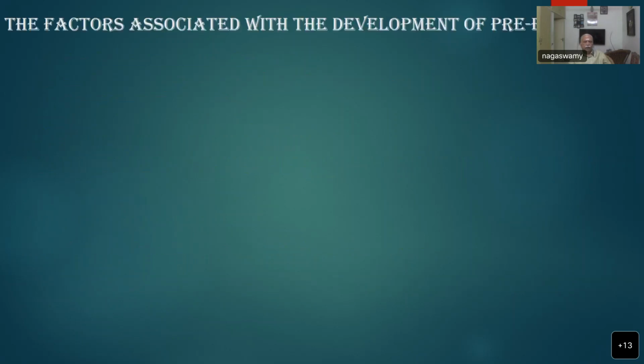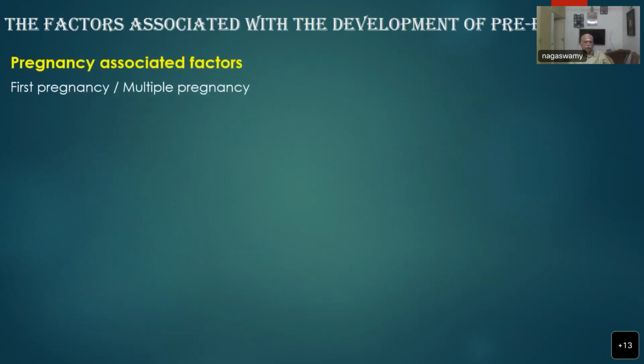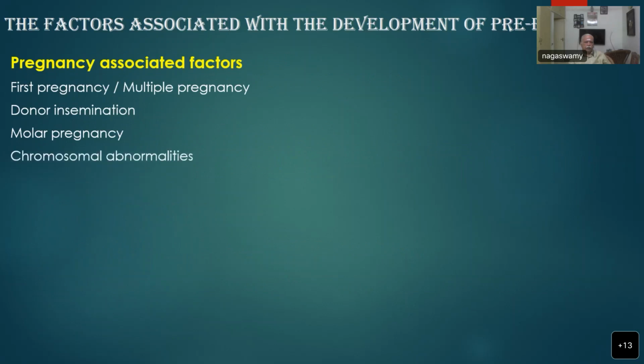The factors associated with the development of preeclampsia can be pregnancy associated factors. Usually it can occur in first pregnancy, sometimes in multiparous women also. And donor insemination, when you do an artificial fertility procedure, that can also be a cause for this. Molar pregnancy or chromosomal abnormalities.